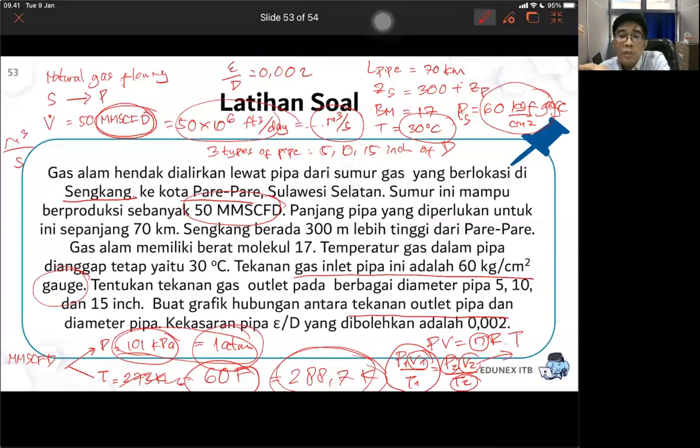It means you need to calculate the EF. EF is a function of friction factor, and friction factor is a function of the Reynolds number, and Reynolds number is a function of the diameter and what? Velocity. So the velocity will depend on the diameter of the pipe.